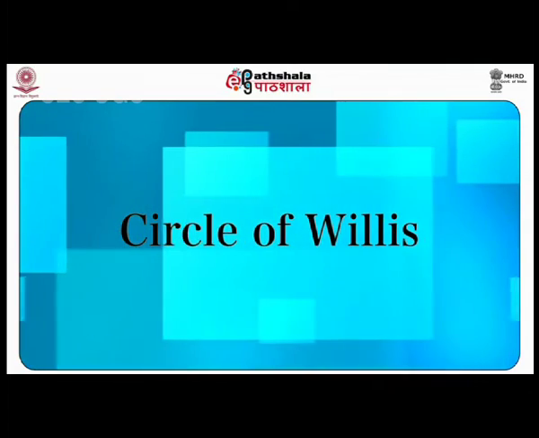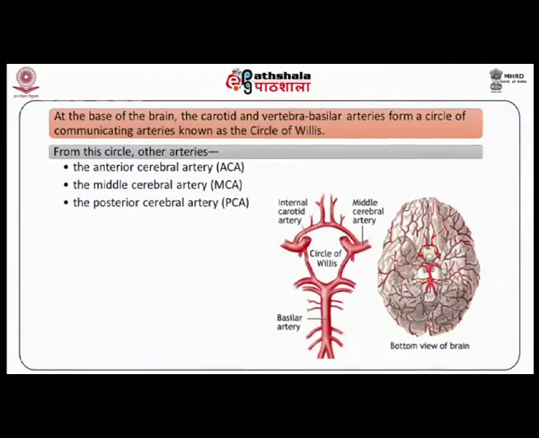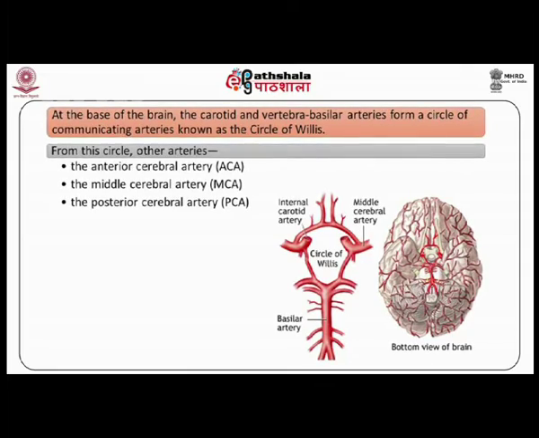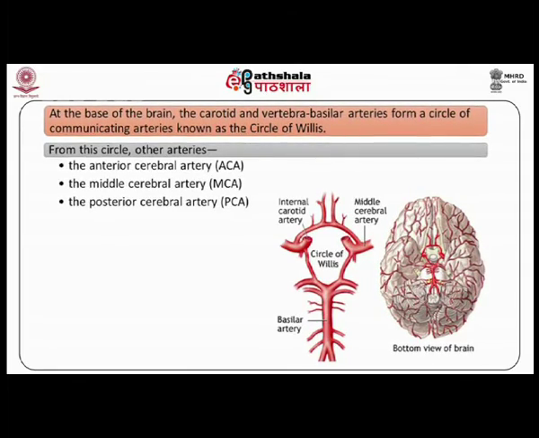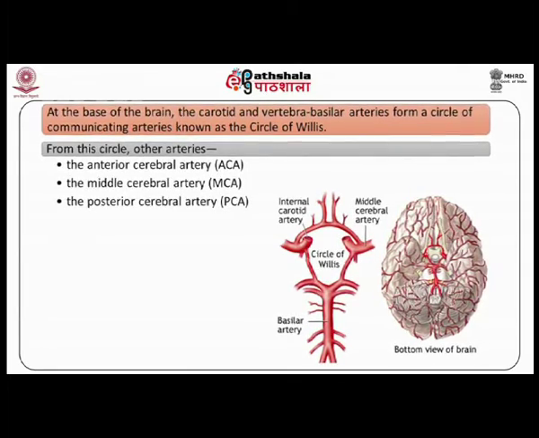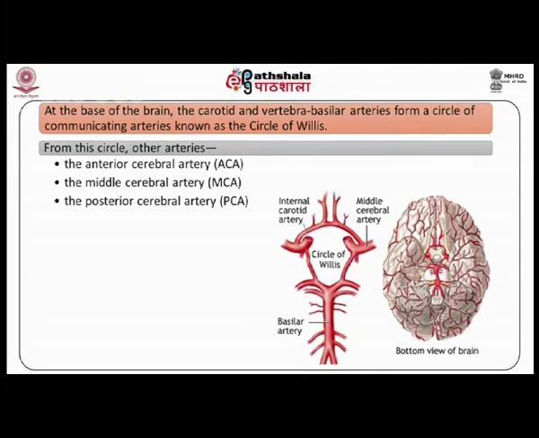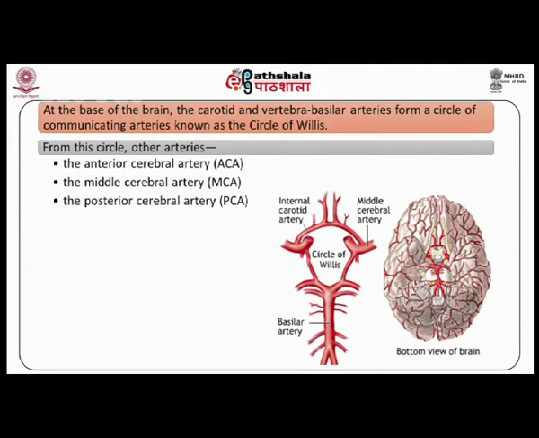Circle of Willis. At the base of the brain, the carotid and vertebrobasilar arteries form a circle of communicating arteries known as the Circle of Willis. From this circle, other arteries, the anterior cerebral artery (ACA), the middle cerebral artery (MCA) and the posterior cerebral artery (PCA), arise and travel to all parts of the brain.